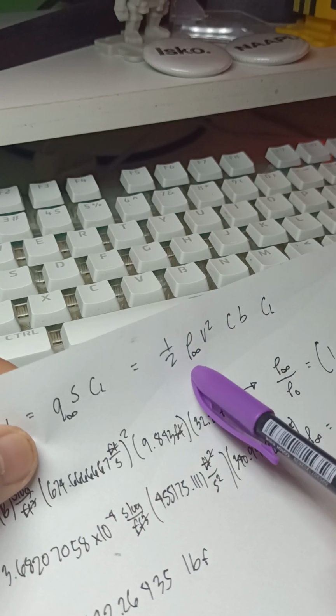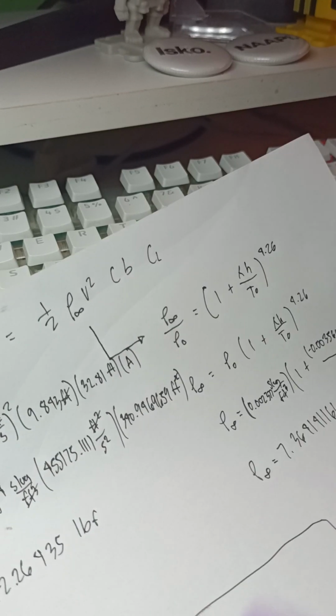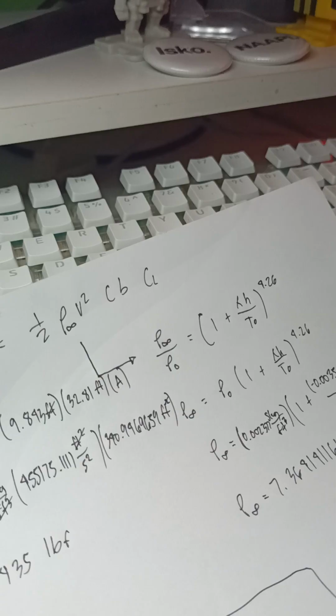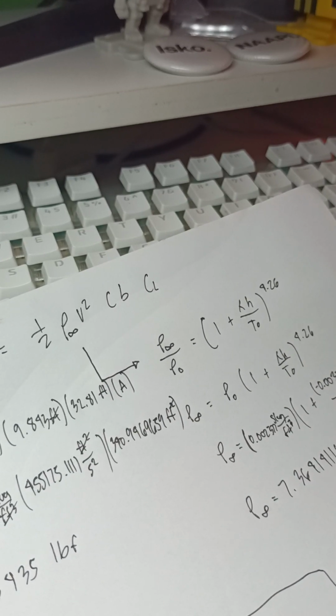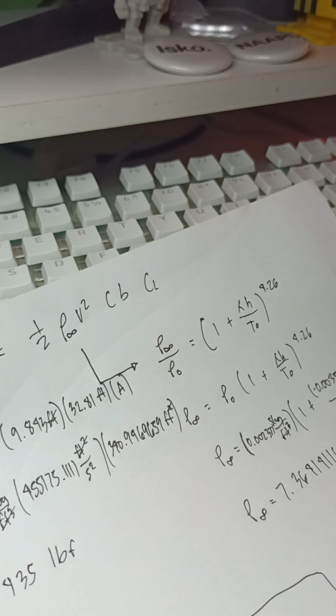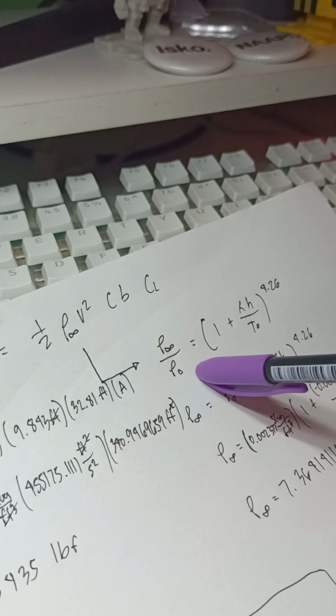So, first we get the ambient density. Since it is within 11 kilometers, we use the gradient formula.